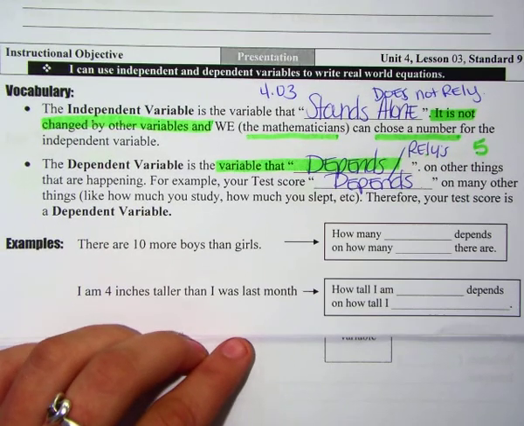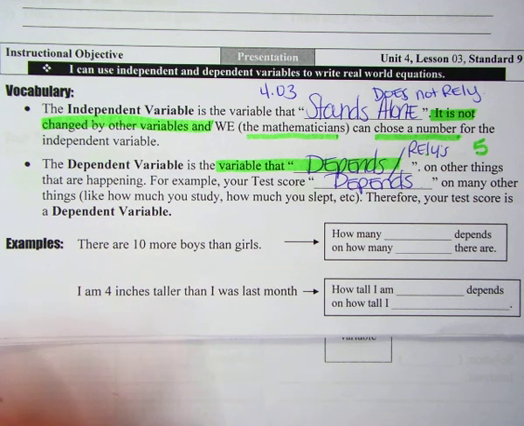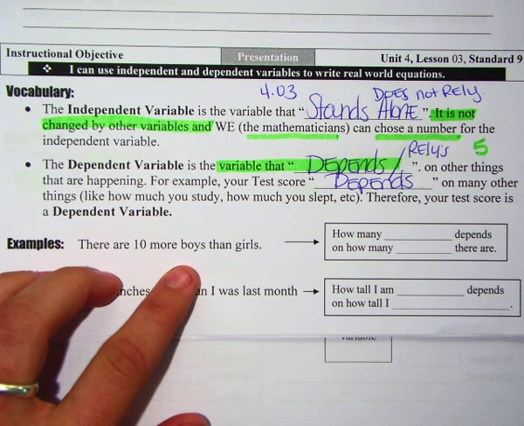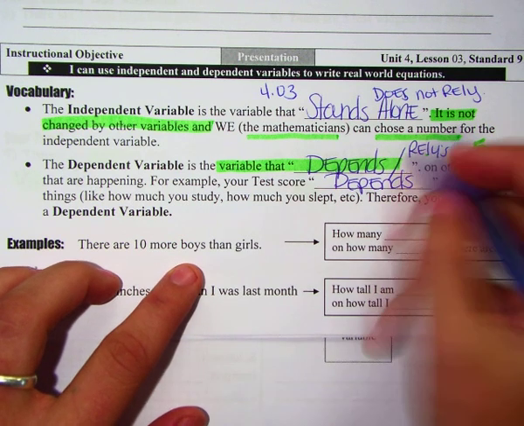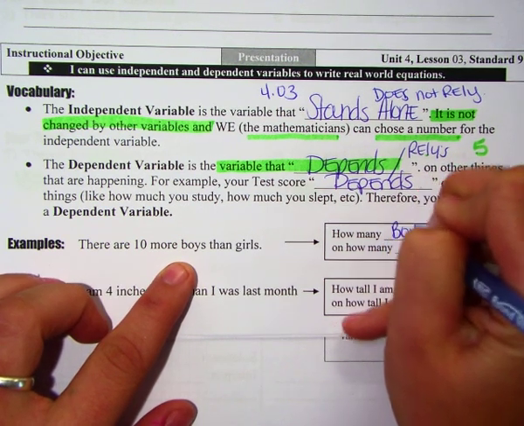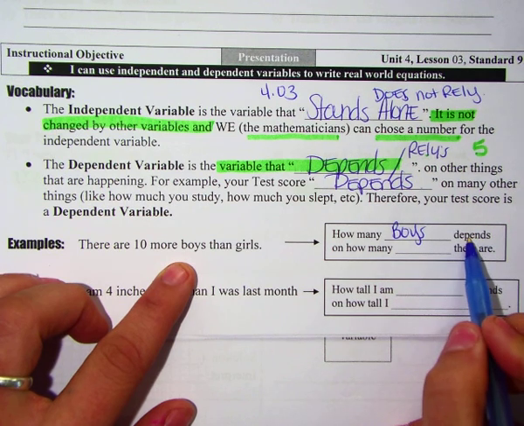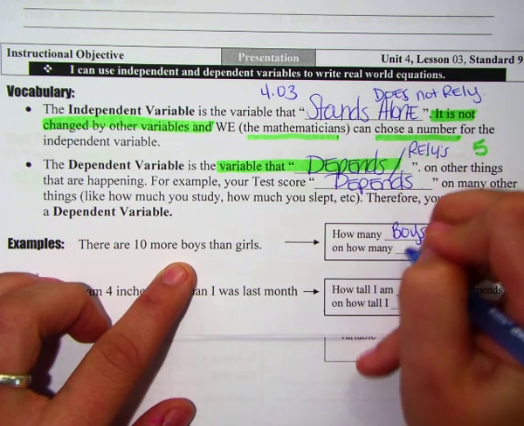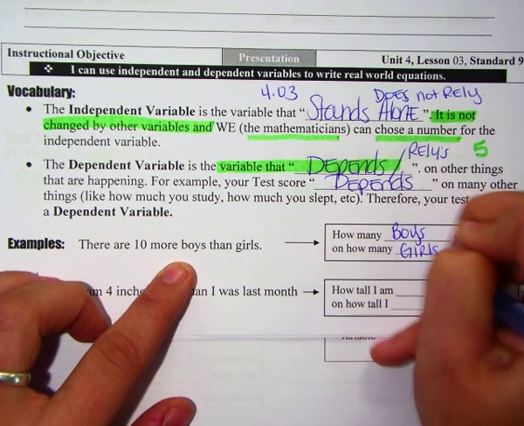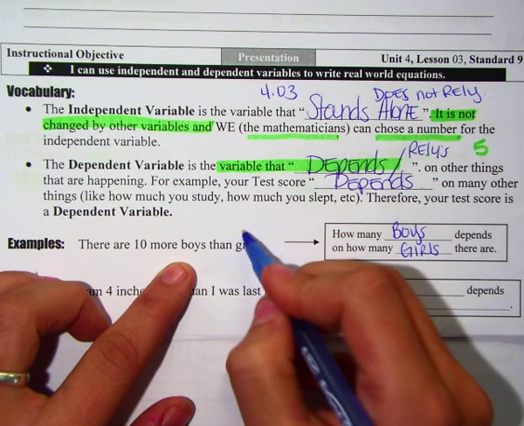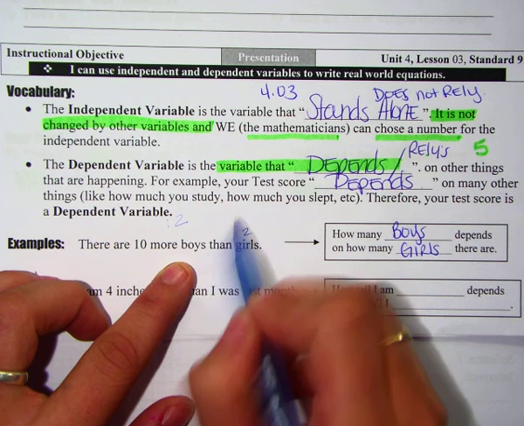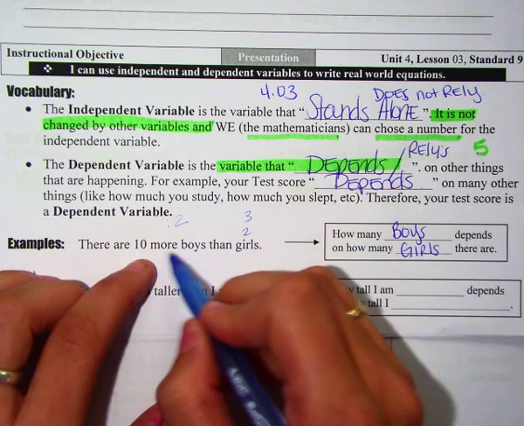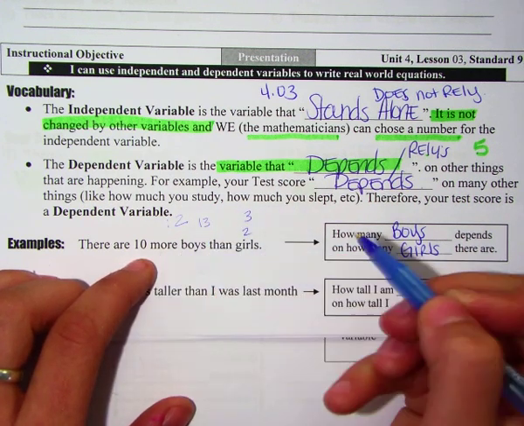So let's look at these examples. There are 10 more boys than girls. So how many boys depends on how many girls there are, right? So if there were 2 girls, there would have to be 12 boys. If there were 3 girls, there would have to be 13 boys.